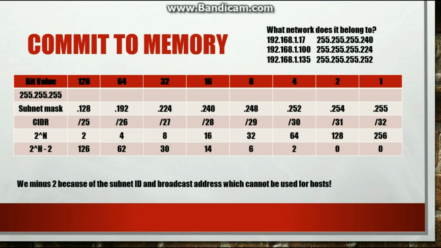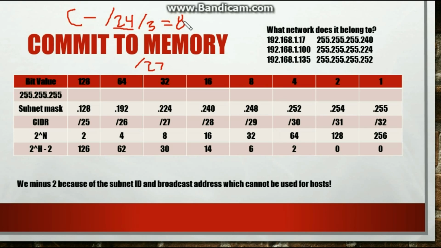And let's say, what if I had a /27? What does that mean? That means I have 27 ones in the subnet mask. So by default, a class C IP address has a /24. So how many ones are we going to have in the 4th octet? Because 24, if you divide that by 3, that equals 8, right?